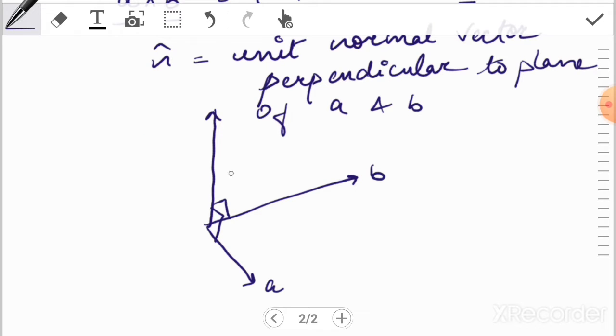So the unit normal vector n is also in this direction, and this is the A cross B vector.